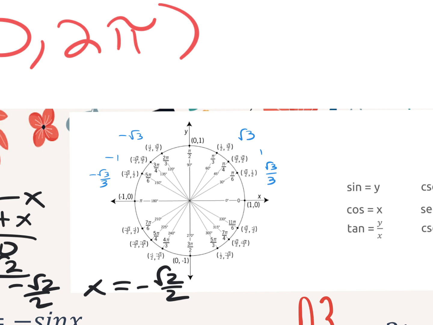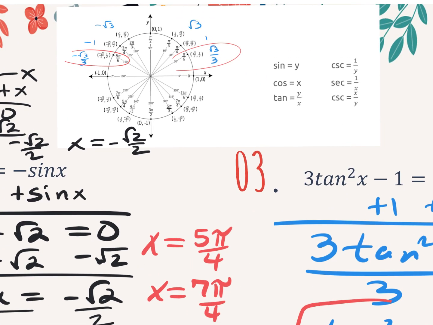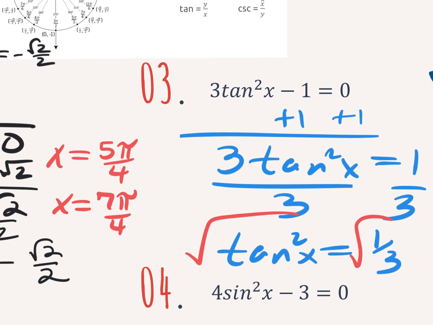So we can see we were looking for this one, and we were looking for plus minus. So we're actually going to put both answers. It's going to be pi/6 and 5pi/6. So let me come back here.